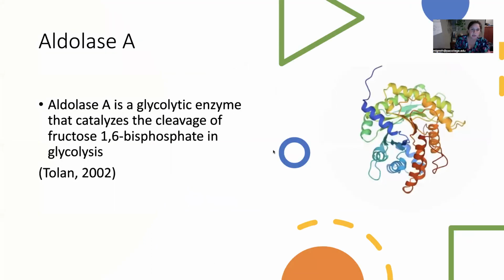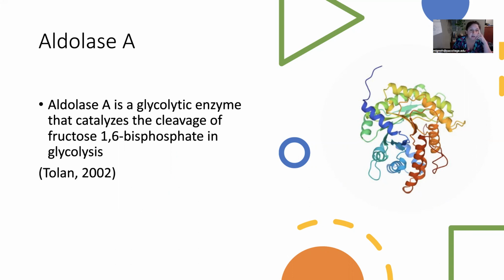All right, so aldolase A is a glycolytic enzyme. It catalyzes the cleavage of fructose 1,6-bisphosphate in glycolysis. And its turnover number is actually 50-fold higher toward the glycolytic substrate fructose 1,6-bisphosphate than aldolase B, and at least 5-fold higher than that of C, which makes sense.